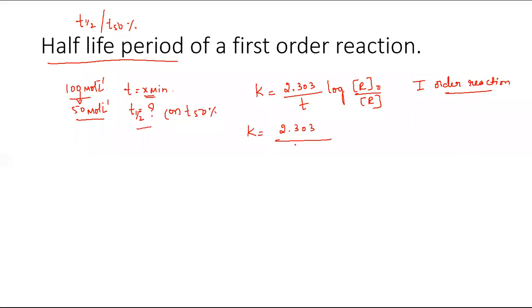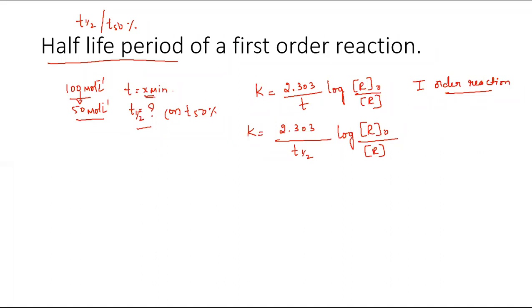Half-life, that is T half or T 50%, so let us take T half. Log, what is the initial concentration r naught, that is 100. Or here we can just write r naught. Initially if it is 100, the final will be half of it, that is 50. So here I won't take 100, because in all the problems it won't be 100, it may be 80, 50 or even 25.